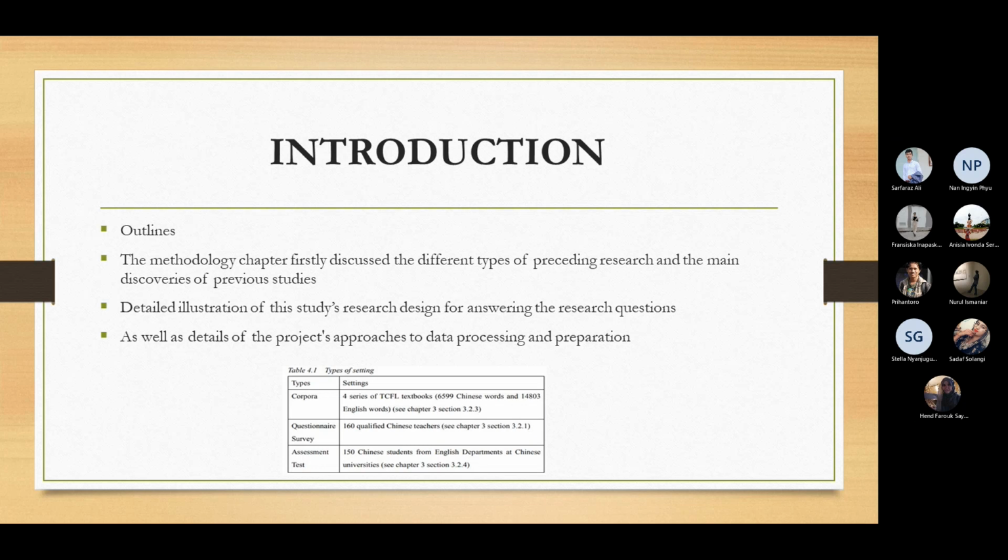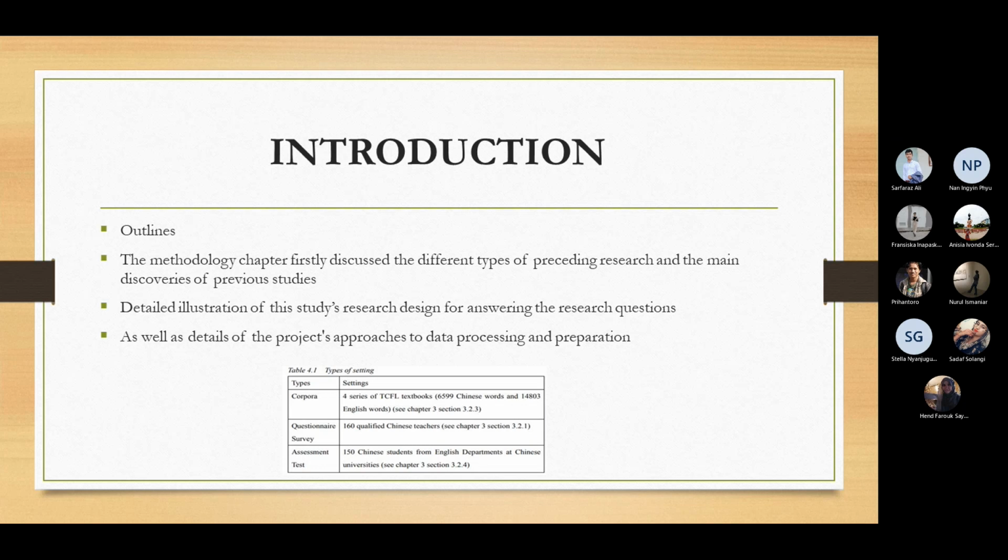As the writer has gone through different papers, he has given a slight overview of the different previous studies in this chapter. Secondly, there is the detailed illustration of this study's research design for answering the research questions.